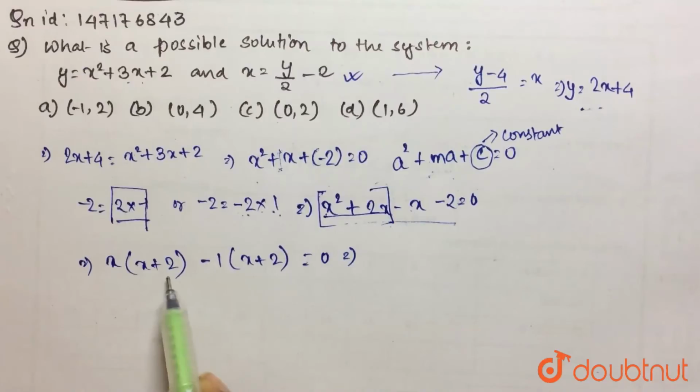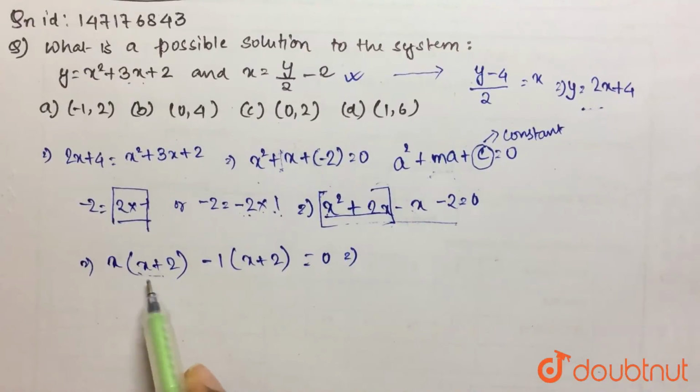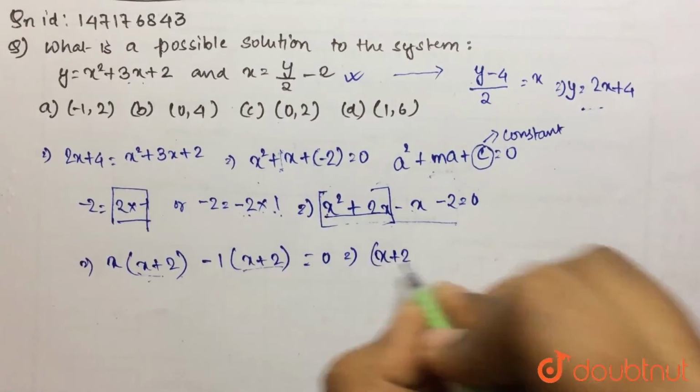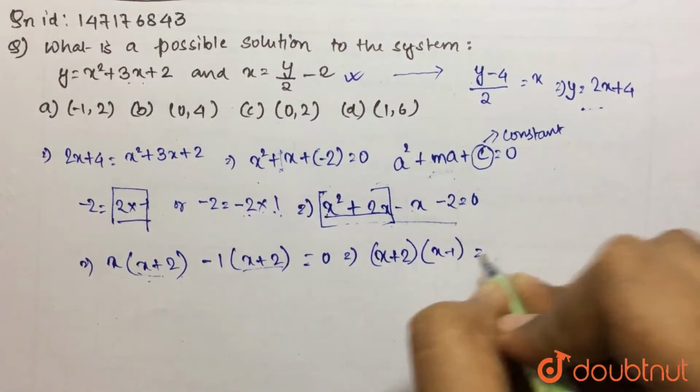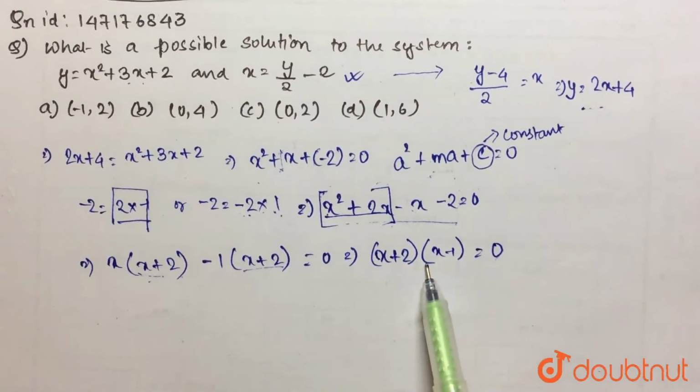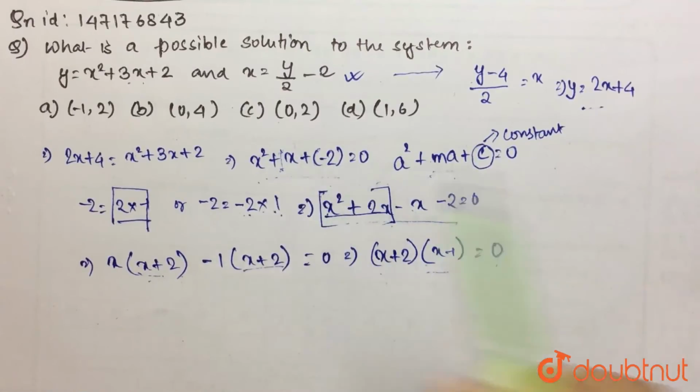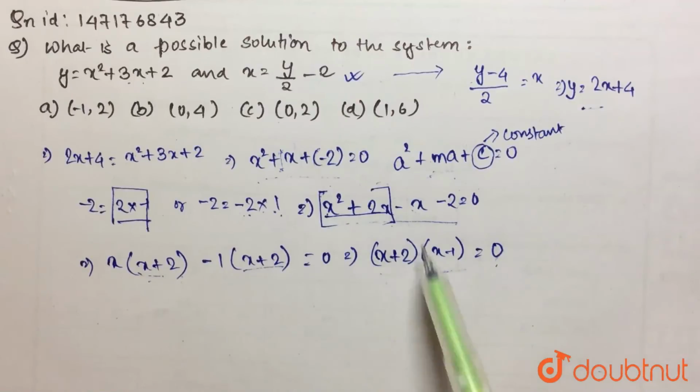Now you see here the common term is x plus 2. x plus 2 is common in both these terms, x into x plus 2 and minus 1 into x plus 2. So we are going to separate out the common factor, and then we are going to group them to form x plus 2 into x minus 1 equals 0. So the solution to this quadratic equation is x plus 2 into x minus 1 equals 0. You can back calculate this to obtain this equation, and check whether you have done it correctly or not.